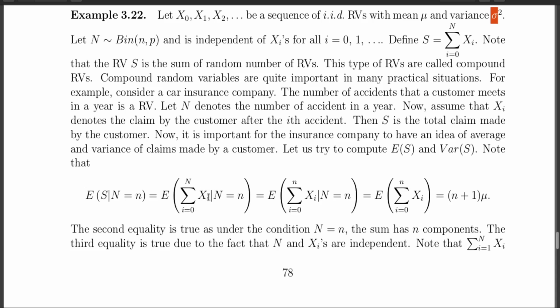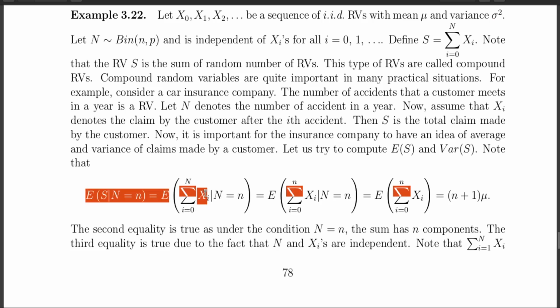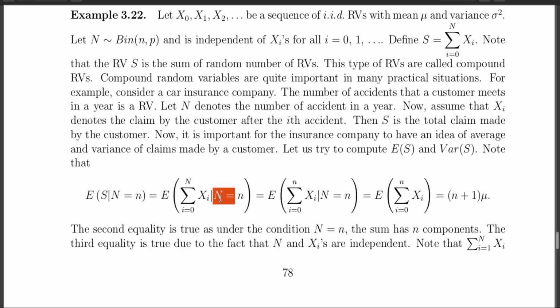Now notice that I have N here and I have N here, so these two things are not independent. But if I put small n here, because I know that capital N takes the value small n, then this part does not depend on capital N. As we have assumed that capital N and the X_i are independent, this part and this part are independent, and I can get rid of the conditional part.